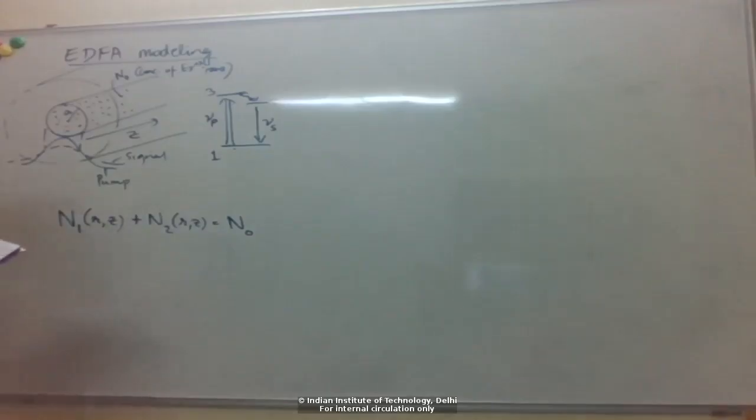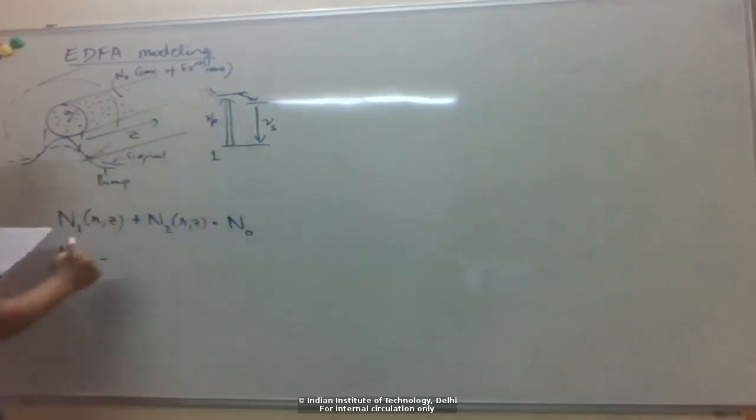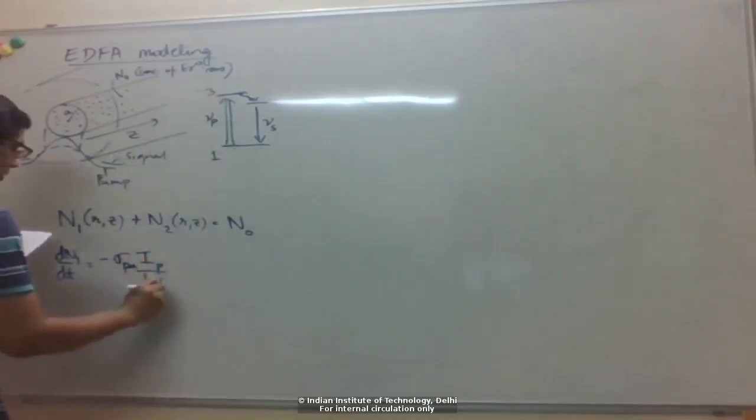So now we can write the rate of change of the population in these two levels, right? So the rate of change of the atomic density in level 1: the population is decreasing due to pump absorption. So this we wrote down last time, right?